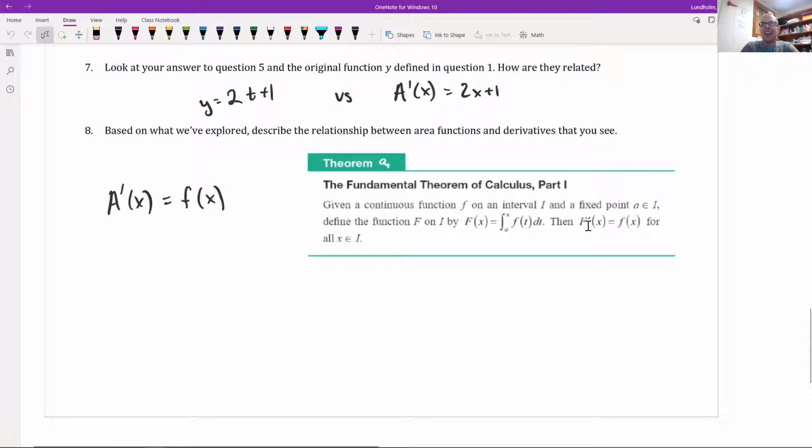So yeah, the derivative of an antiderivative is the original function. It's describing something very fundamental about the relationship between derivatives and antiderivatives. And in this sense, they undo one another. The derivative is kind of the inverse operation of an integral.